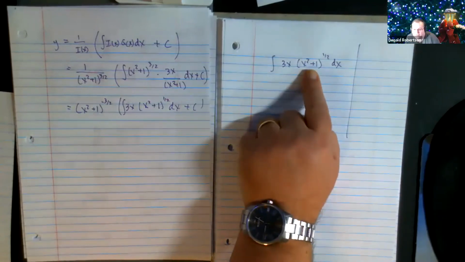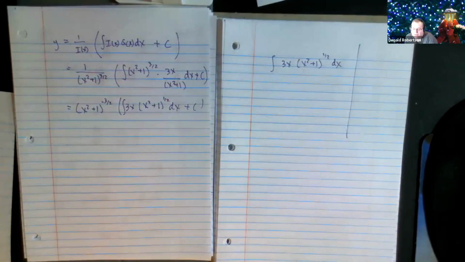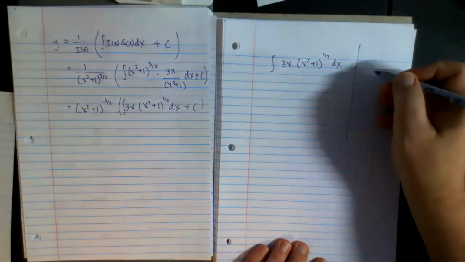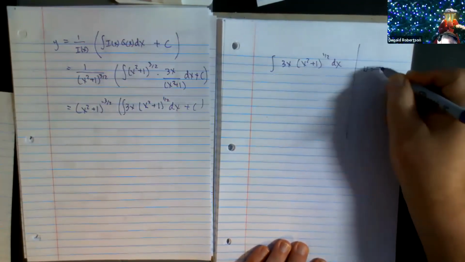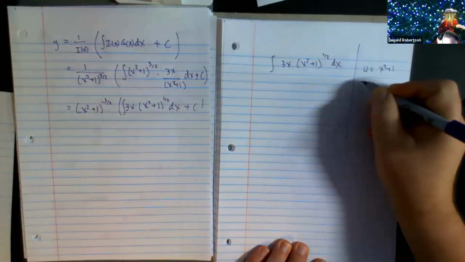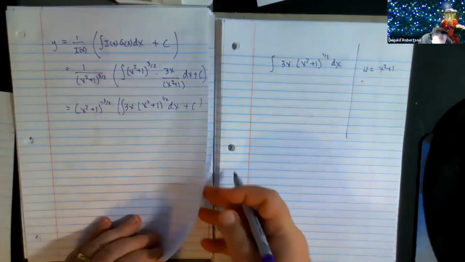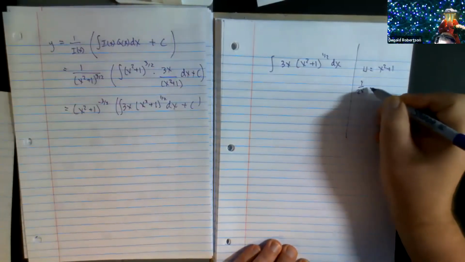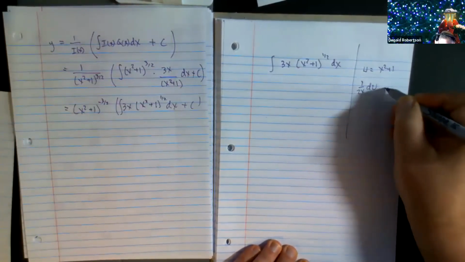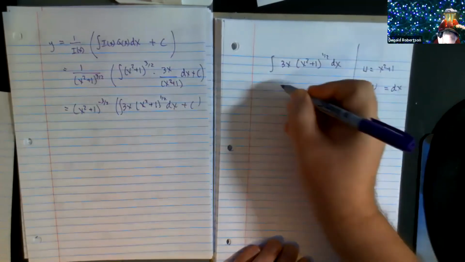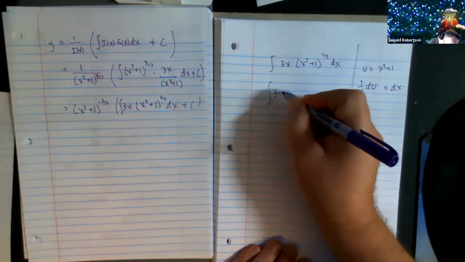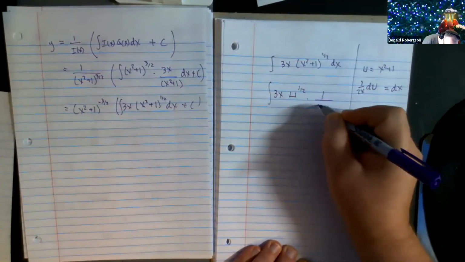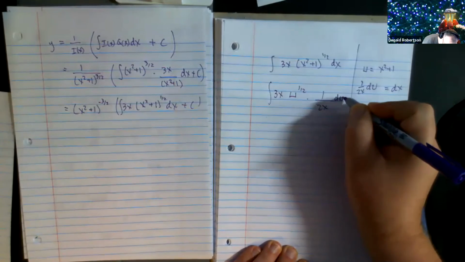What technique do you think I'm going to use to integrate this fella? Integration by parts. So we are looking at u equals x squared plus 1. And all that stuff that I did earlier, I'll just cheat and use it again. So this becomes 3x u to the half, 1 over 2x du.